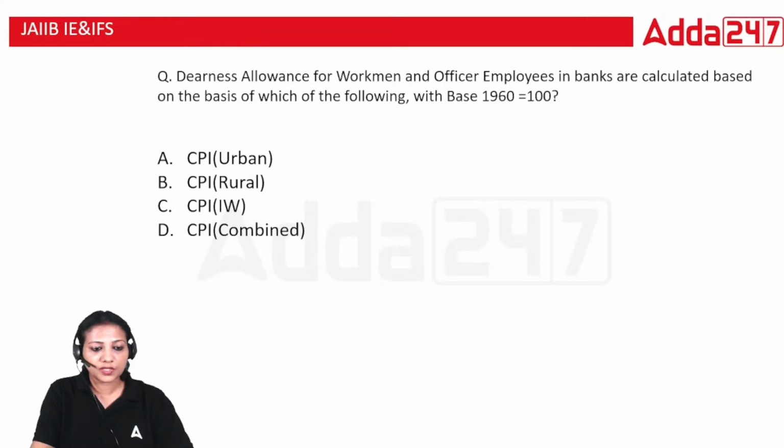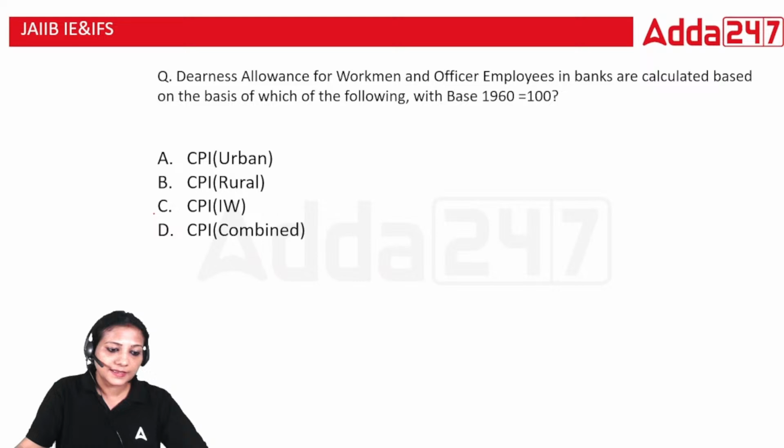So what is going to be the right answer? DA for workmen and officer employees. Is it calculated on CPI urban, CPI rural, CPI IW, and CPI combined? So it is CPI IW.